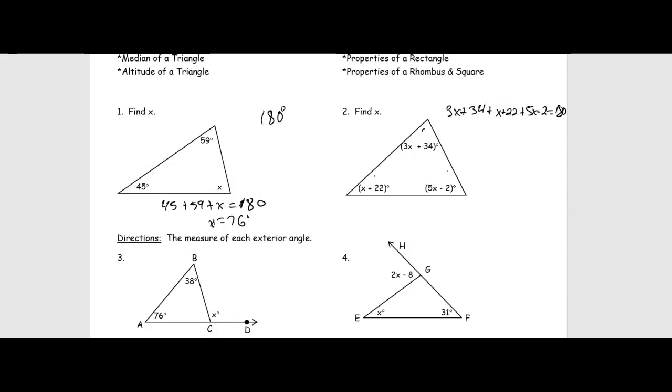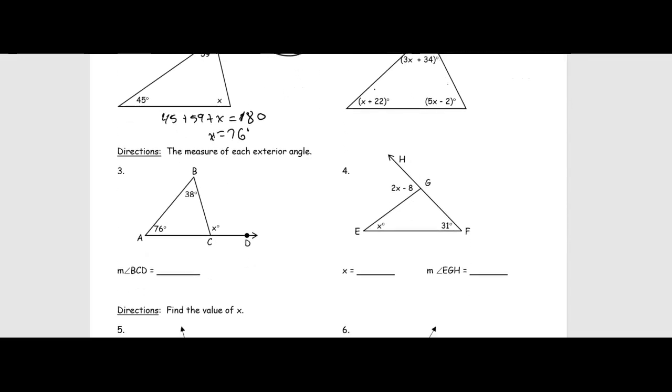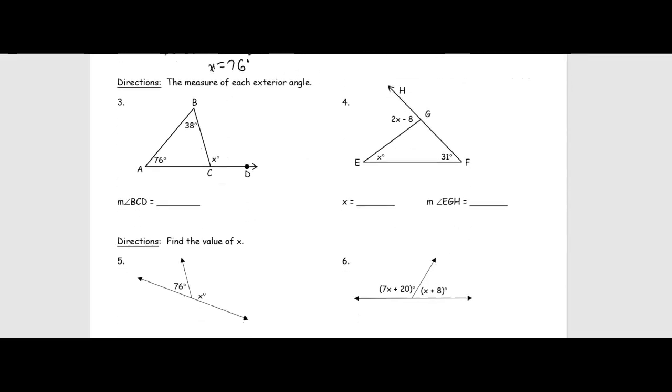And then just to leave you a little something to do, we can go through, add up all of your like terms, solve this for x, and that will be your answer. All we're looking for is x in this case. If I wanted a certain angle, you would have to take that x value, plug it in, and evaluate it. But pretty much dealing with this idea here, interior angles of a triangle have to add up to be 180.